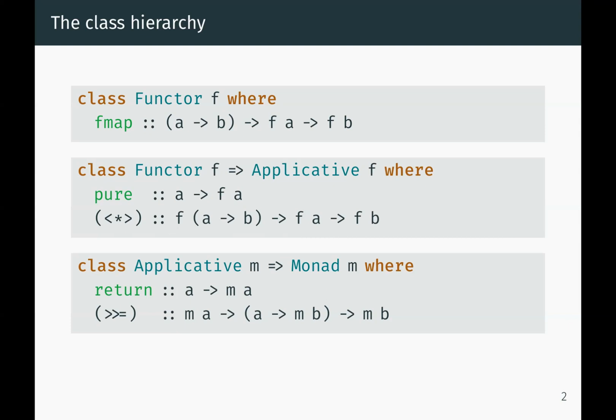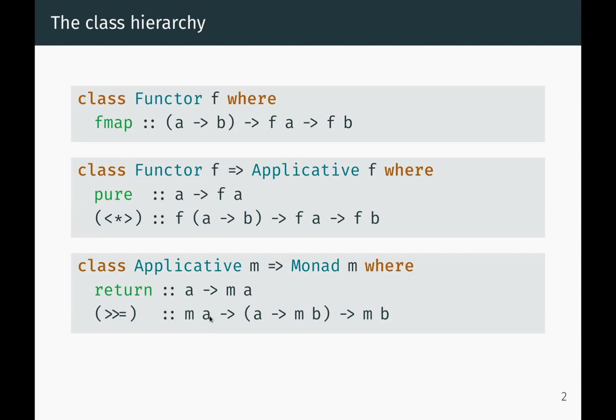And we have seen plenty of examples of how this is very useful and allows you to write monadic expressions or applicative expressions in a very nice, concise, compact style. And finally, monad, where we have return, which is normally the same as pure. And then the bind.